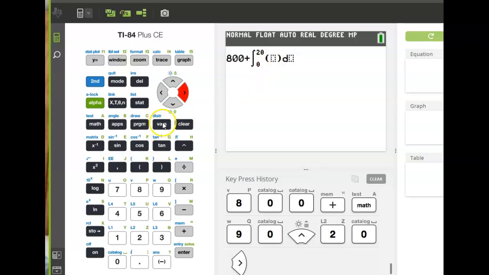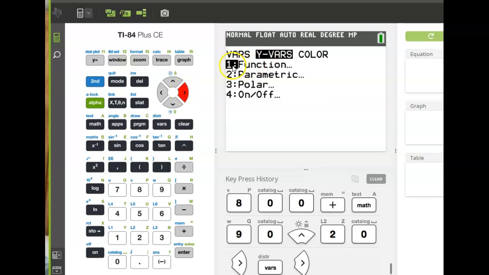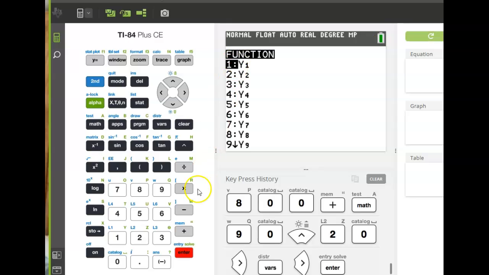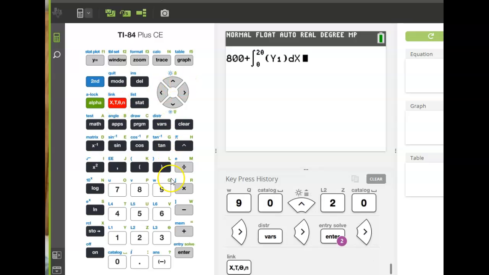So what I'm going to do is hit the vars button. Everybody see this next step? If I need the function, we're going to go to vars, that stands for variables, go over to y vars, and function. And then that'll get you to y1. And that's where we put the equation with respect to x.